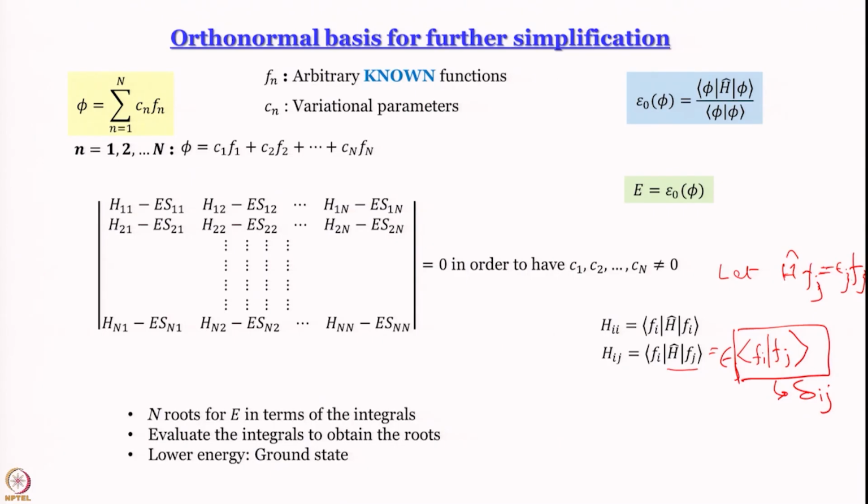So what I am saying is that all Hij integrals where i is not equal to j will become 0, and Hii integrals will boil down to just epsilon i. So this entire determinant is going to become so simple. You are only going to have some epsilon terms and you are going to have zeros. Everything will be written in terms of those. That is what we are going to study in a little more detail in the next module.